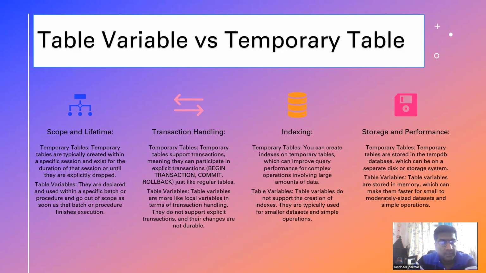So let's say you have created a table variable, inserted your data and leveraged that table variable to do some calculation, then that batch ends, and then you run another batch where you are using the same table variable, it will not work because the table variable scope is already done. If you do not create it again in the next batch, it will not work. This is how a table variable works.